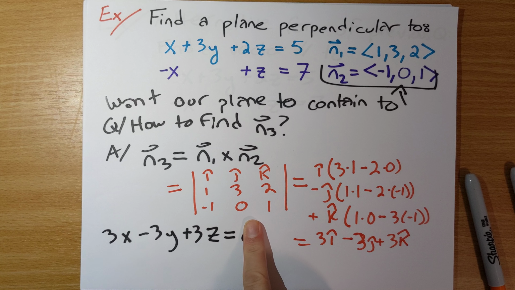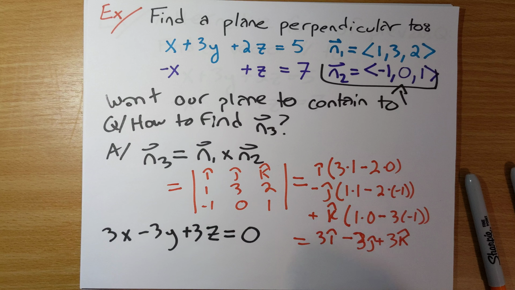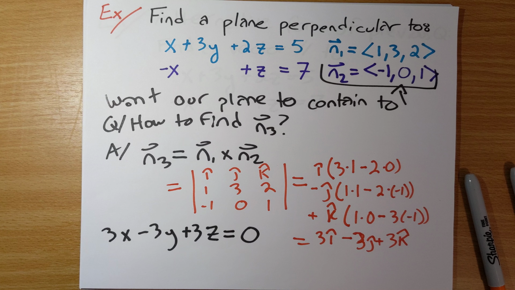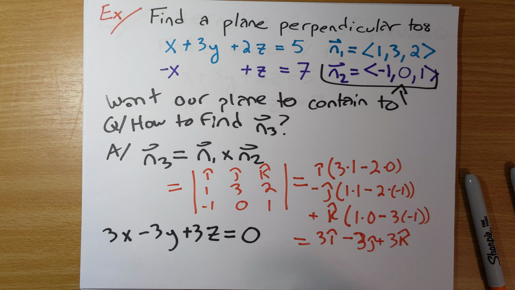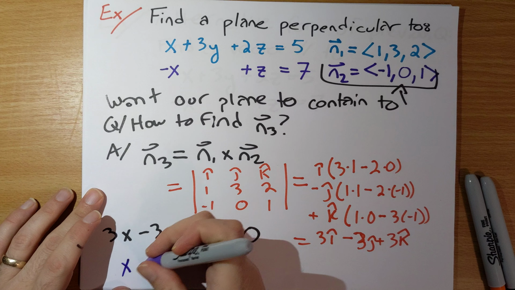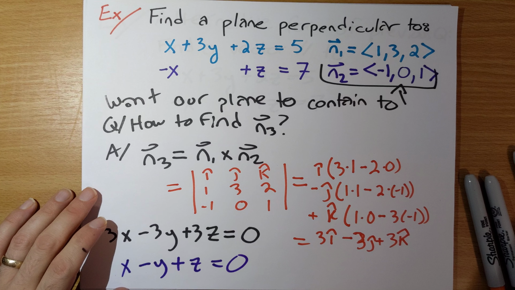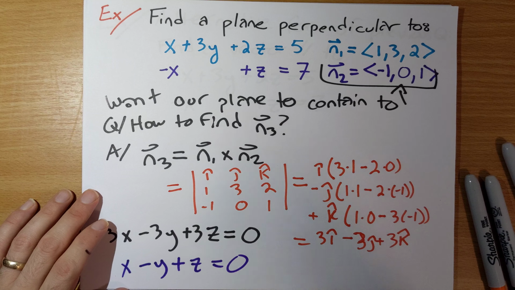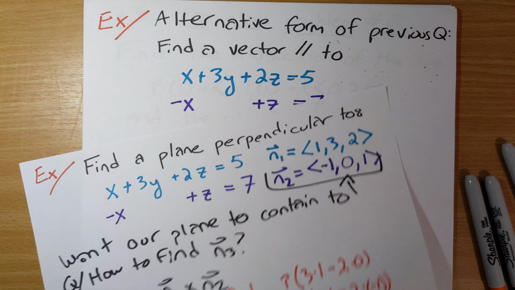You could change the 0 to any other scalar you wanted. 3x minus 3y plus 3z is equal to 70 million also works. You can also, if you wanted to, divide out by 3 here, and this would also work. Nothing wrong with this. Okay, so this is one way that I can express this kind of problem.